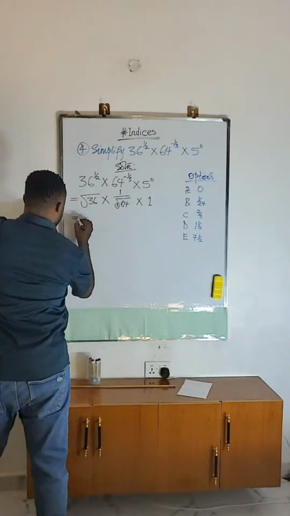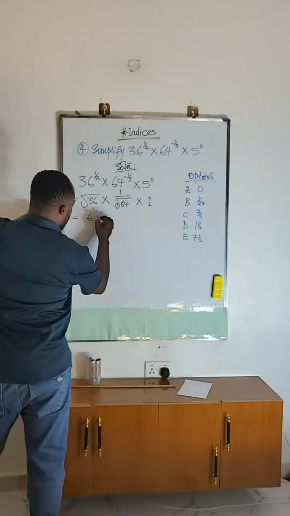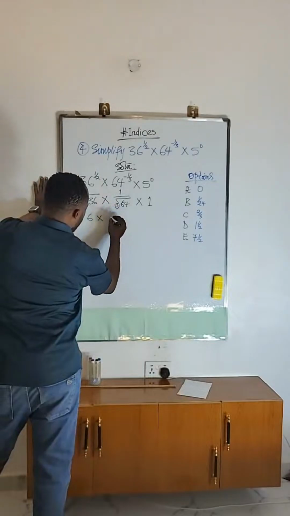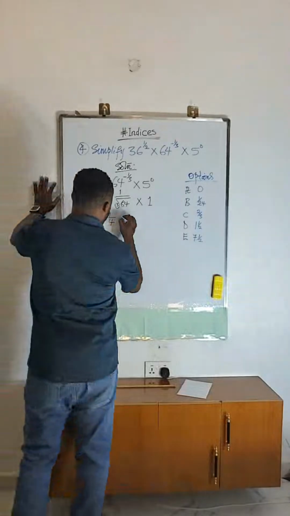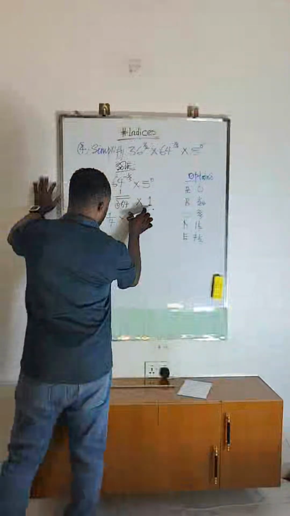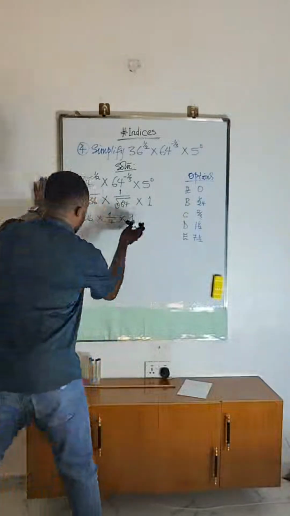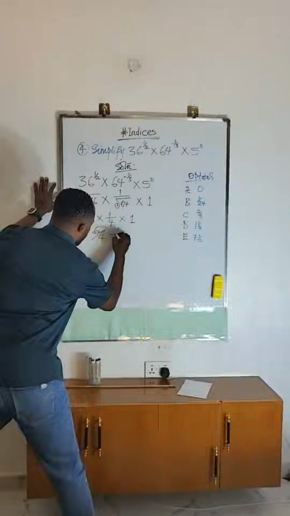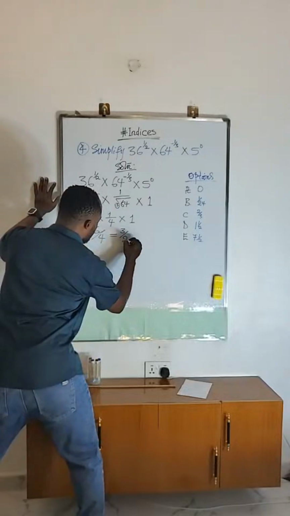So in the next step, square root of 36 is 6, multiplied by 1 over cube root of 64. Cube root of 64 is 4, and then multiplied by 1. By that you can already see the answer. This is the same thing as 6 over 4, which is, 2 goes into 6 3 times and into 4 2 times.